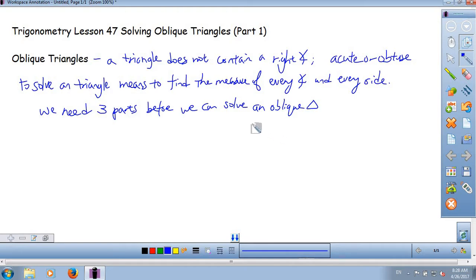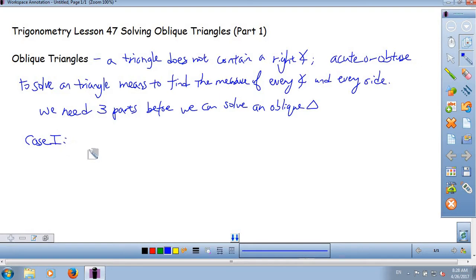We need 3 parts out of the 6 in order to solve oblique triangles, okay? However, what kind of information is given to us will determine what kind of methods we will proceed with, alright? So let's go ahead and break it down into 4 possible cases. We're going to be talking about the possible cases.